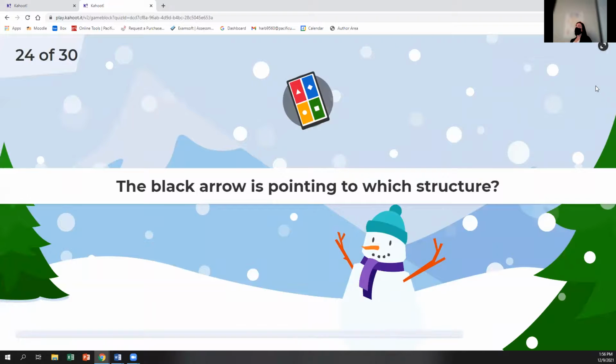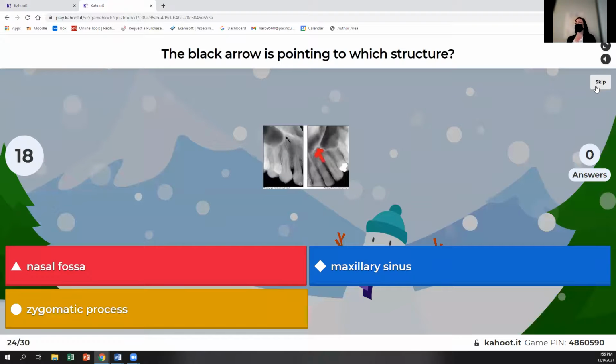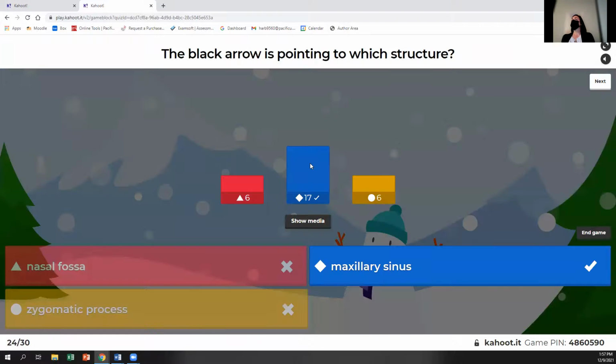Okay, the black arrow is pointing to which structure? The black arrow, oh, it's pointing not to the big red one.